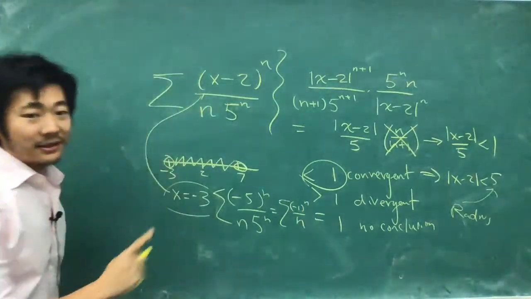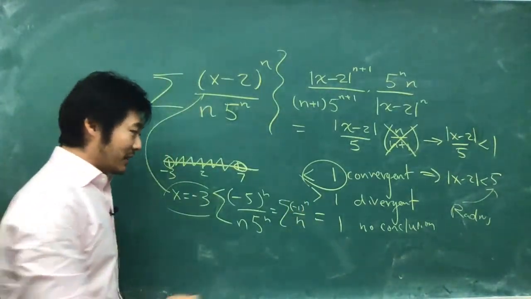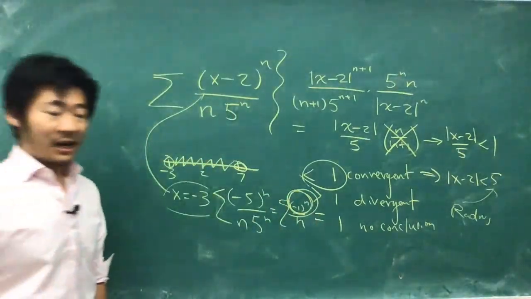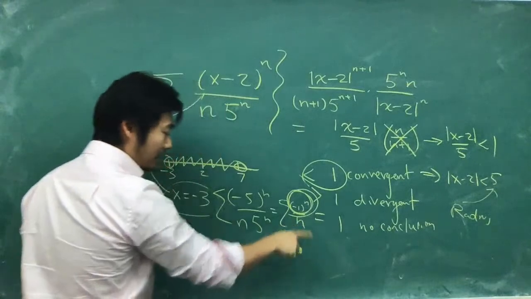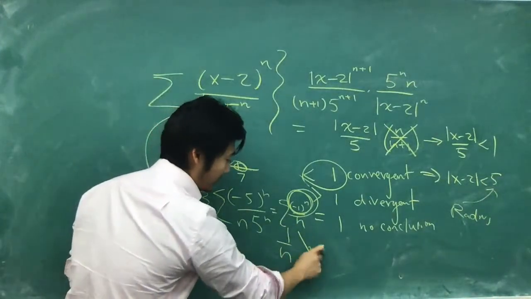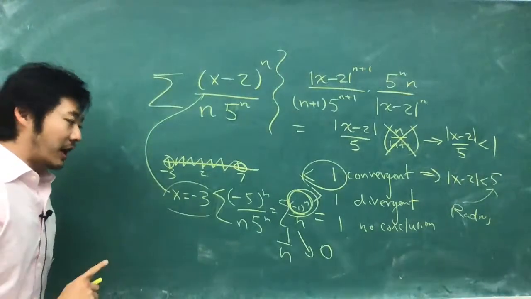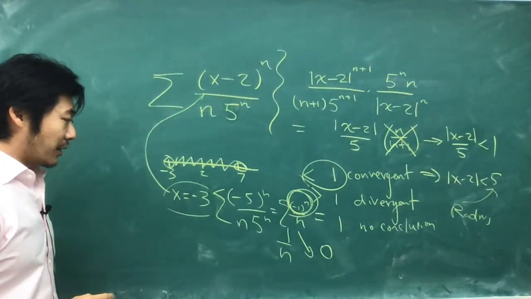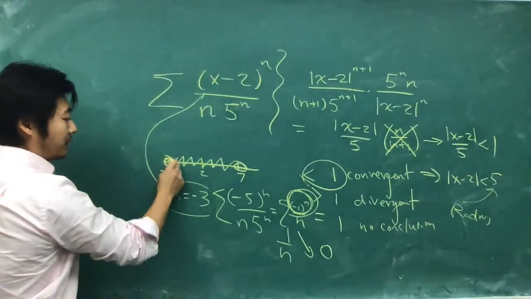And now this is an alternating series because you have this thing here. Whenever you have that, it's an alternating series. And if it's decreasing and it decreases to 0, so 1 over n is always constantly decreasing to 0, that means it's convergent. And so it's convergent here.